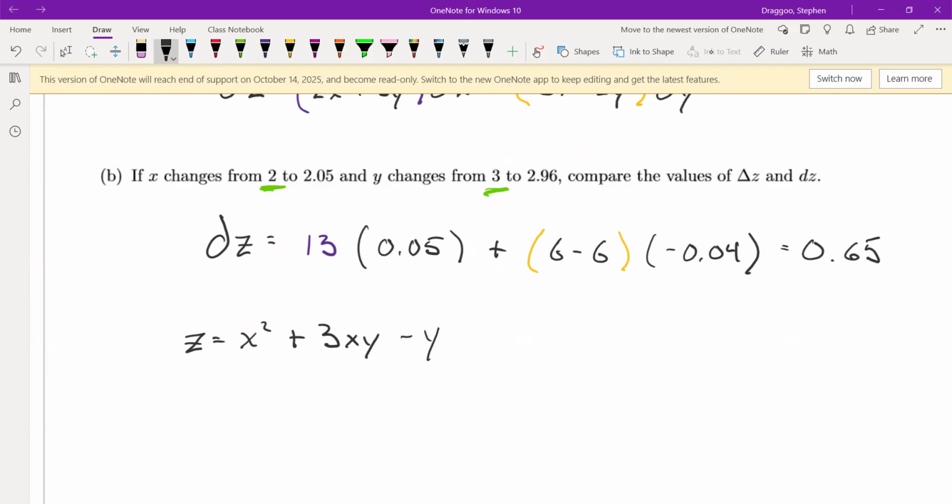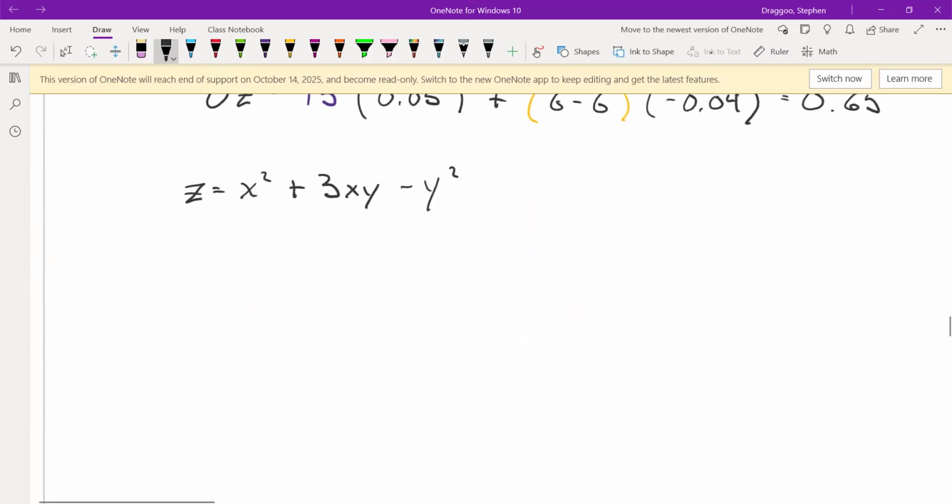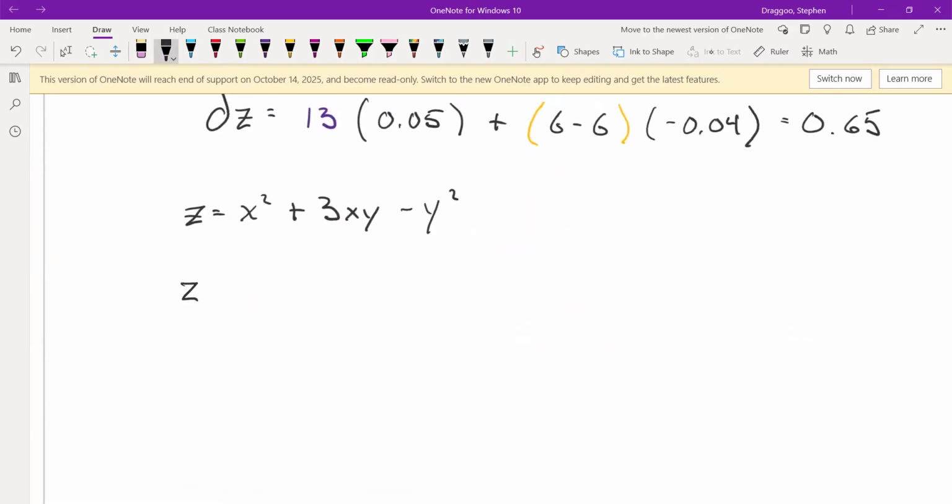All right, so now let's go get z1, which is what I'll get when I plug in 2 and 3, f of 2, 3. So that's going to look like 2 squared, which is 4, plus 3 times 2 times 3, which is 18, I hope, minus 3 squared, which will be 9, and that comes out to 13.